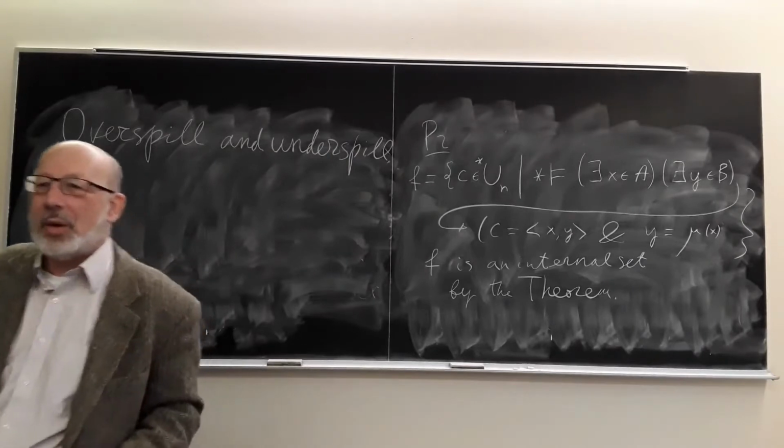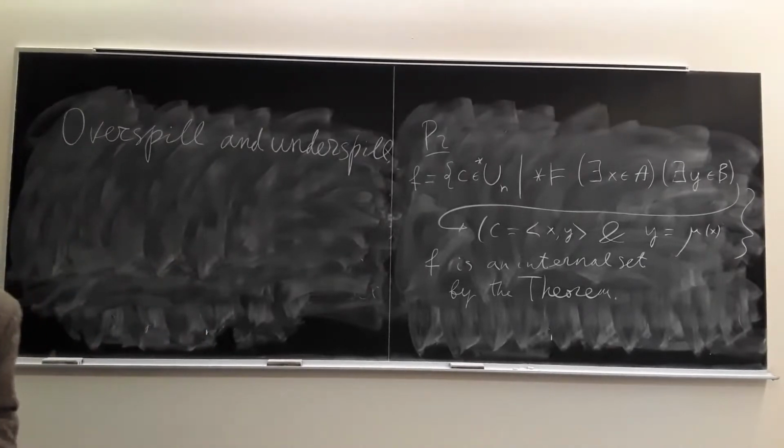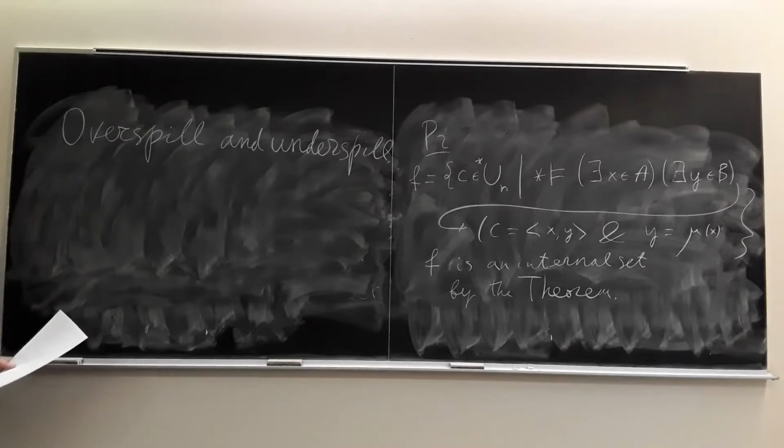If you put a mug under and try to pour beer there, then one of two things happens. Either the beer goes over the board, which is called overspill, or there is not enough beer, it could be a little more, which is called underspill. So this is a funny phenomenon which happens here.